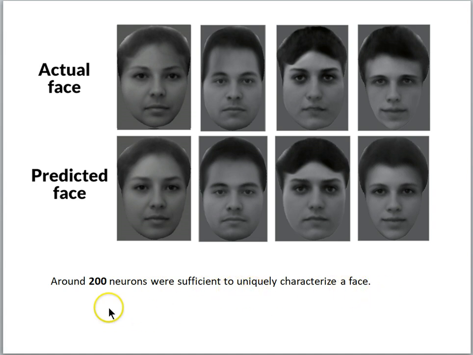Now that starts to sound like sparse coding, but remember, in the sparse coding view, the cells were responding to the whole face, in a sense, the identity of the face. These cells are responding to face dimensions, but it wouldn't take that many cells. The suggestion here is it wouldn't take that many cells to have a population of cell activity coding for unique faces.